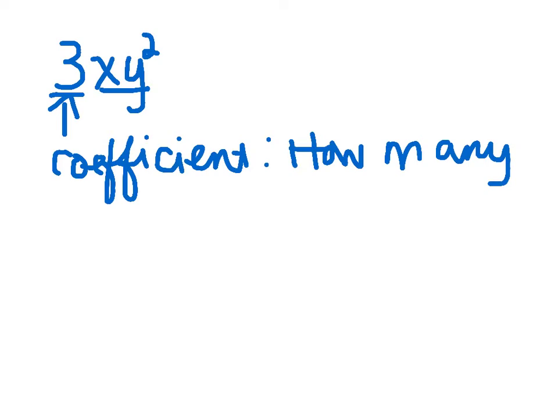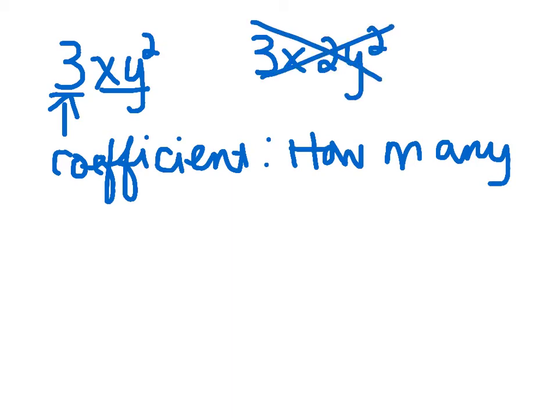I would never say, though, 3x 2y squared. That would never happen. There is always one coefficient, and it always goes in front, and it tells how many of this number, whatever that is, there are. We know that these are the exponents and these are the bases, but the point I wanted to make is about the coefficients in front.